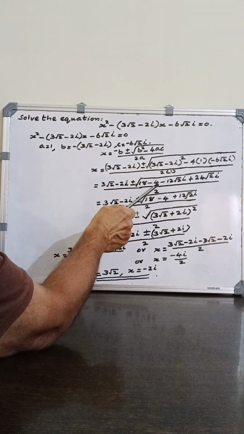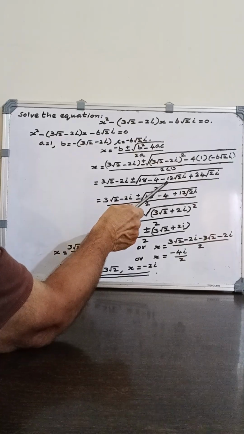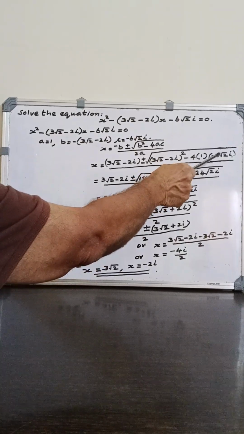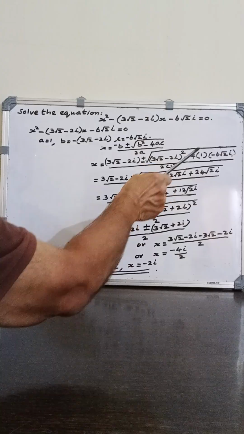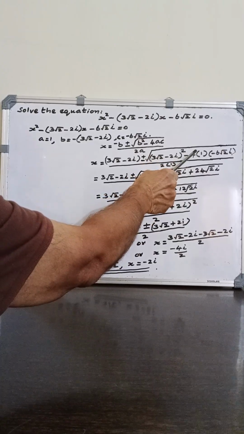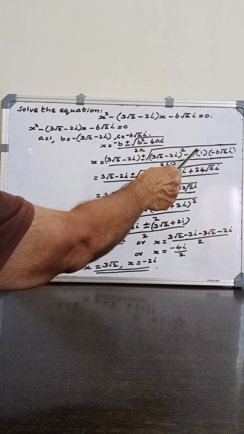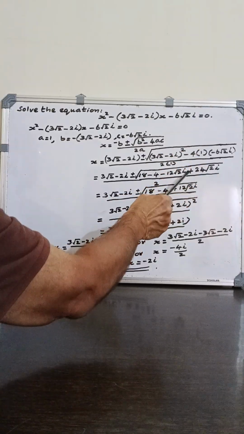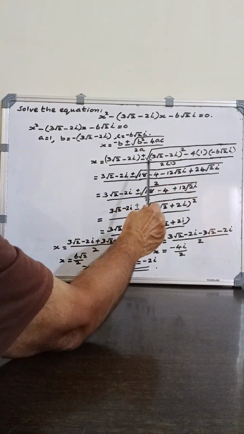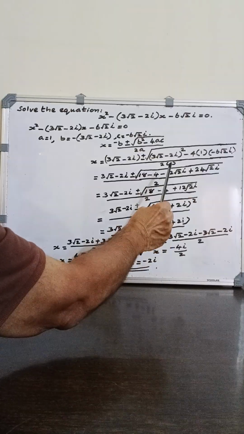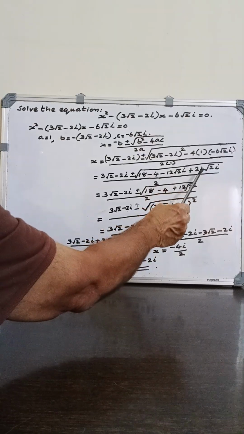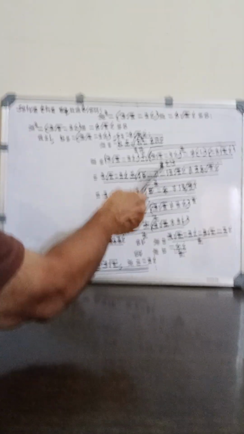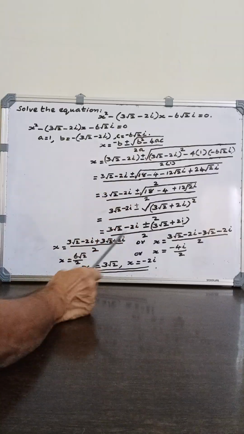That is minus 4. Minus 4 into 1 into minus 6 root 2i. That is minus into minus plus, 4 into 6, 24 root 2i, plus 24 root 2i. Thus 18 minus 4 minus 12 root 2i plus 24 root 2i, whole by 2 into 1, 2.